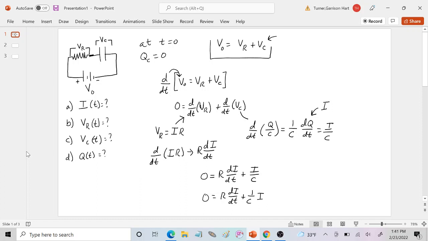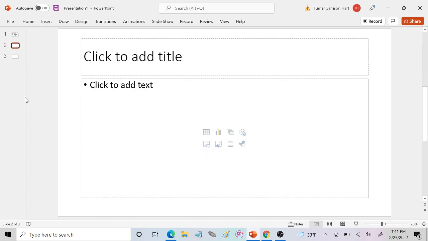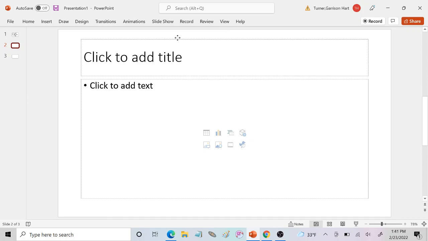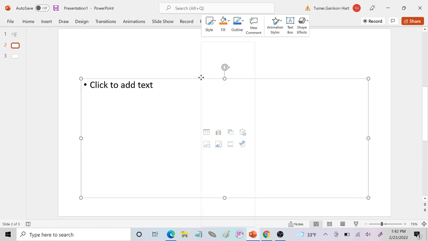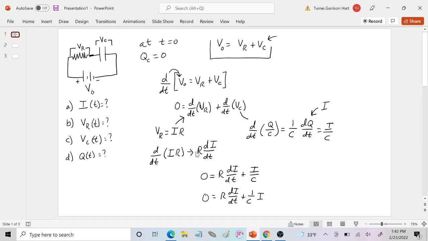And so, what do we do with this? Well, we set both sides equal to each other with the minus sign. So let's move this over to this side.